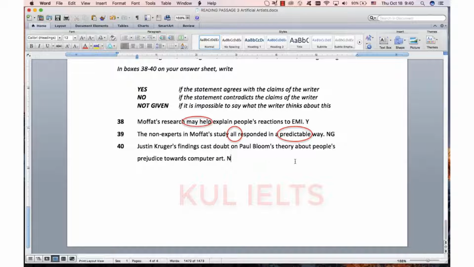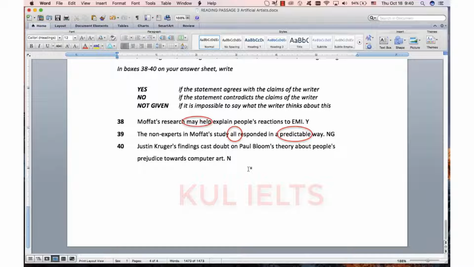So that one is no. But if you got those two, you could probably just guess that it's no. Really, 99% of the time, if there's three, one will be yes, one will be no, one will be not given. So if you can find two easy ones here, do those ones and then just guess the third one, it would be a good guess.